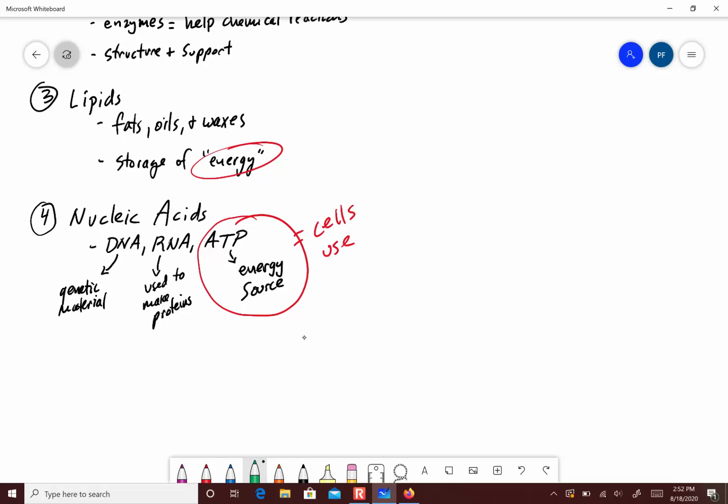Now, generically, you may just think about it, if you feel kind of tired, you say, I need some energy. You may eat a candy bar or something like that. And that candy bar is going to have carbs, fats, proteins. It's going to have all that stuff in it. So it's easy to think that the carb is what the energy is, or the fat is what the energy is.